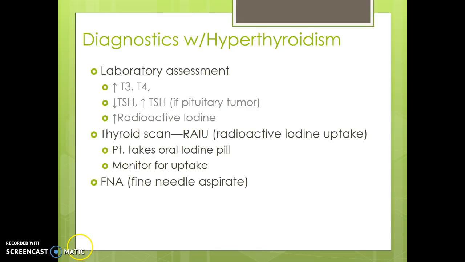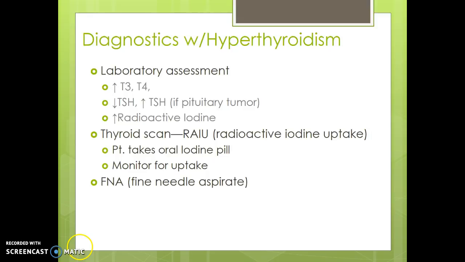Diagnostics, of course, that you want to run, you're going to be looking for what the T3 and T4 levels are, and you expect those to be elevated. Your thyroid stimulating hormone could be either down or up, depending on what is going on with the pituitary.